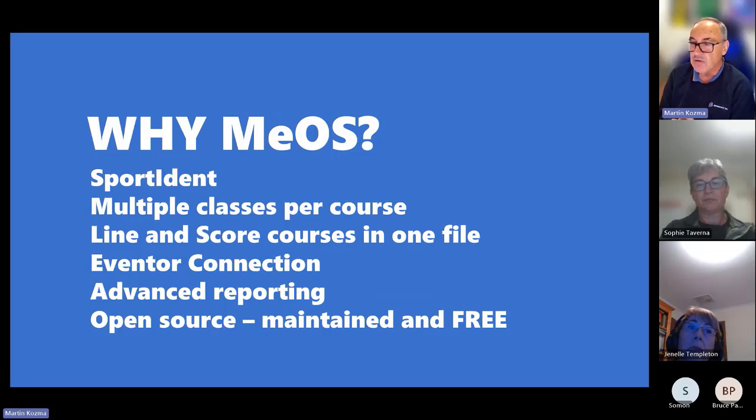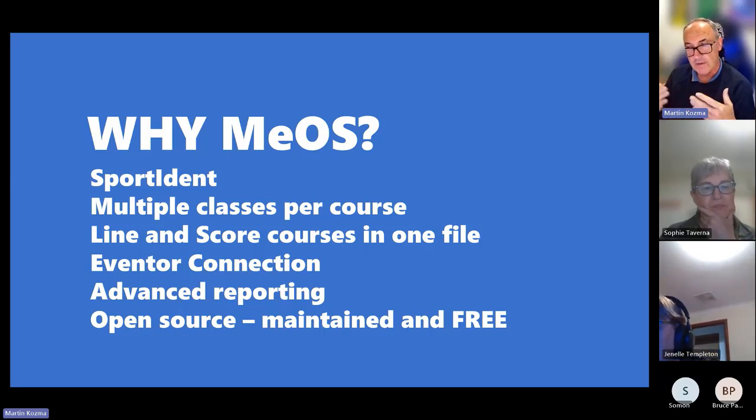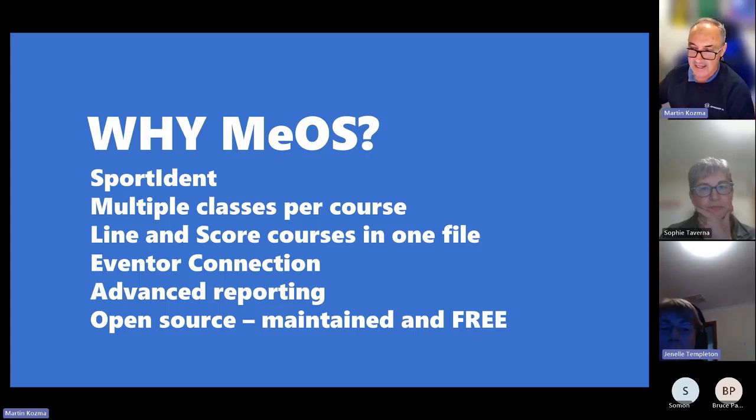If you don't need advanced reporting and you're looking for something really portable, then SI Droid will be perfectly fine in a small setting, a learn to orienteer, or a little training event, no problem. But if you want something which can cover all of these things, then I believe MeOS is the right answer.